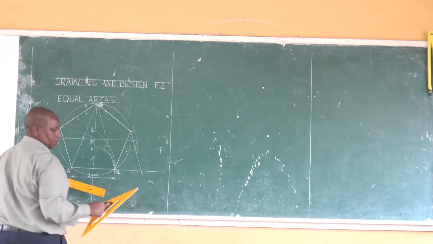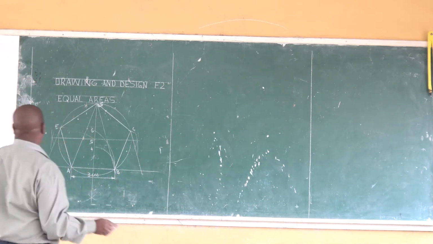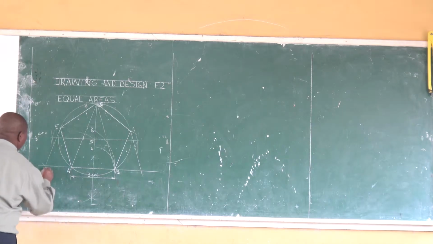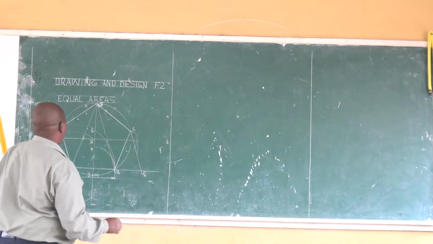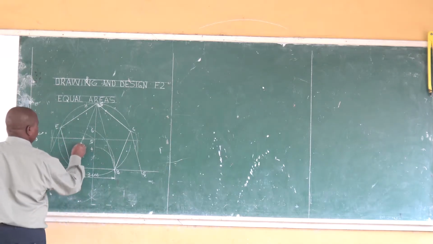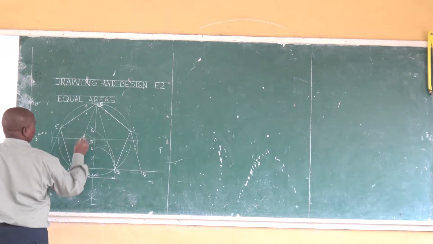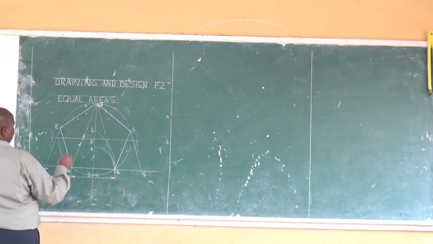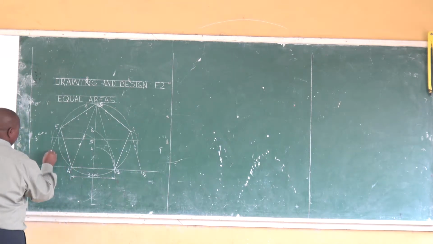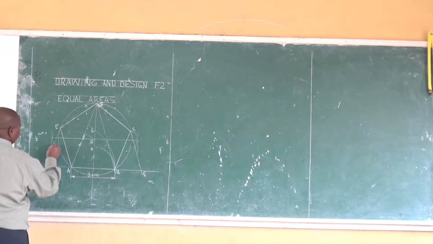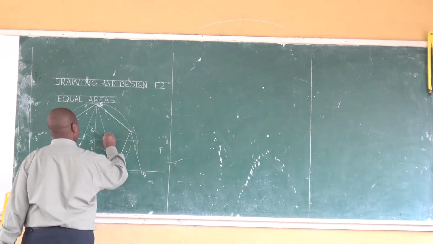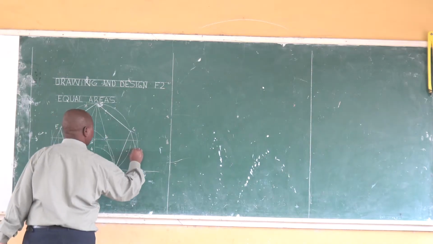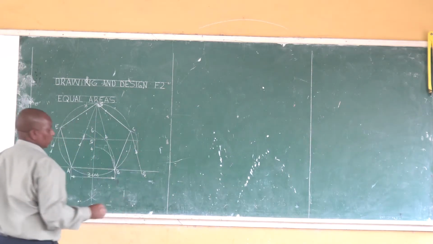To get points F and G. Now, as I said earlier, this line joining A with D is parallel to the line EF, and DB is parallel to the line CG.